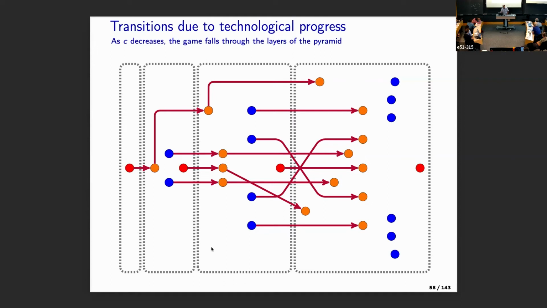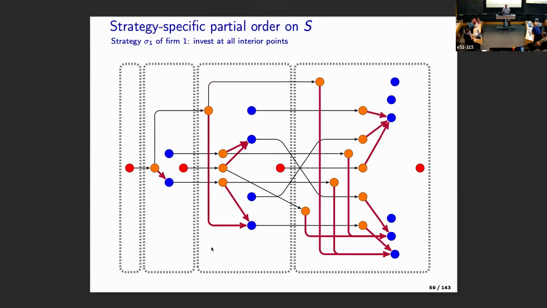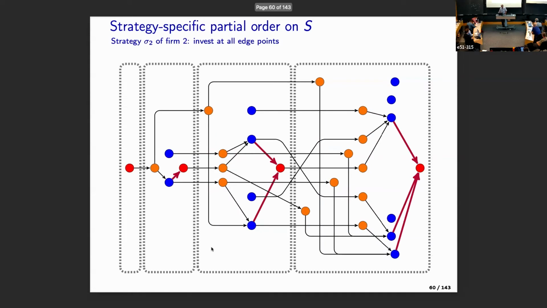All right. Now imagine that firm one adopts a strategy where they make an investment, they buy the new technology in every interior point. That's their strategy with some probabilities. That means that with some probabilities, the structure of the industry will shift along these newly added arrows. And imagine that firm two adopts another strategy to invest in all of the edge points which are reachable.